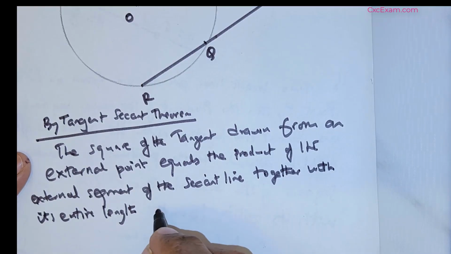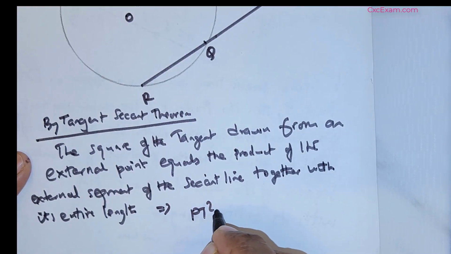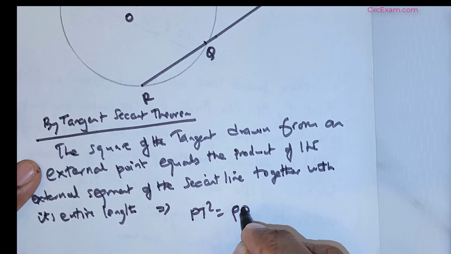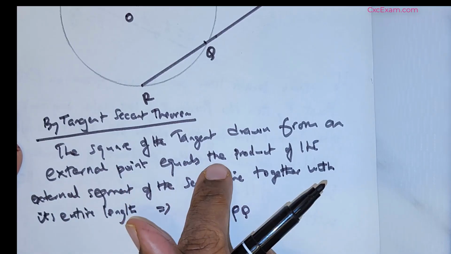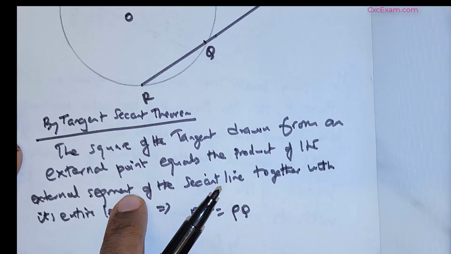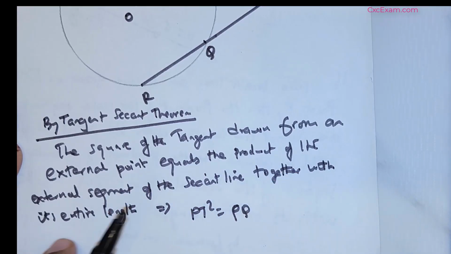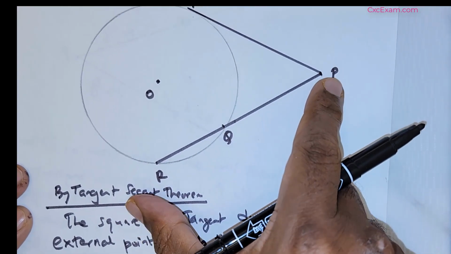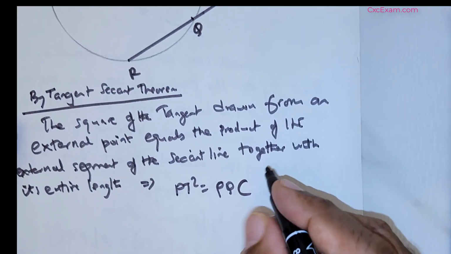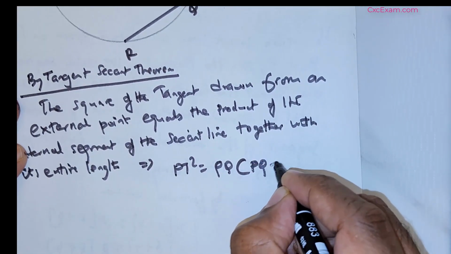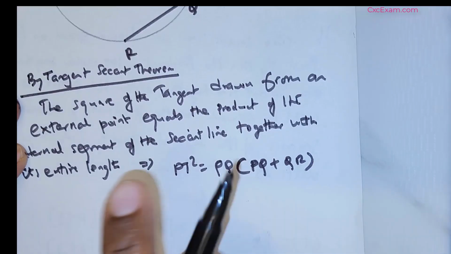Okay, so this means PT square is equal to the product of the external segment PQ of the secant line together with its entire length. Entire length is what? This. So when we're writing it, we'll write it as PQ plus QR. That's the way we write.